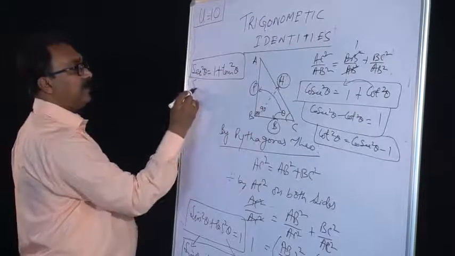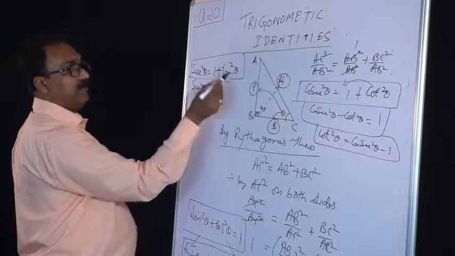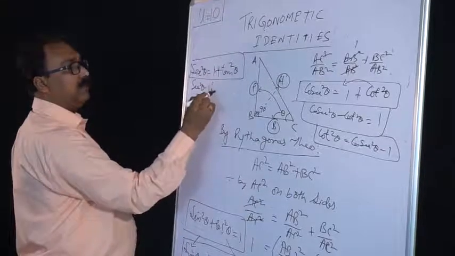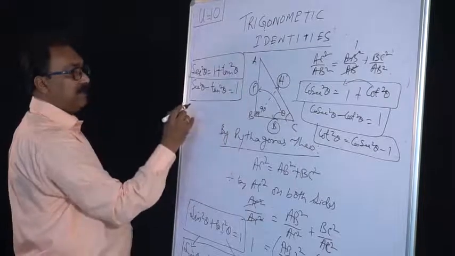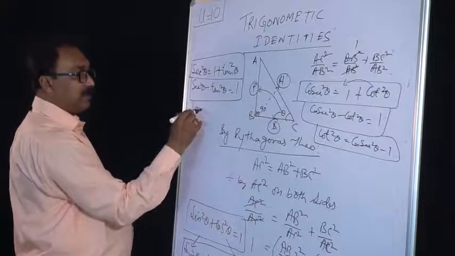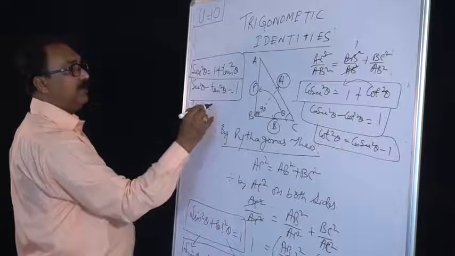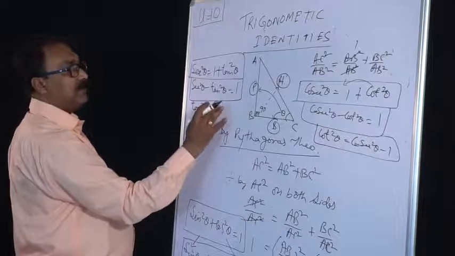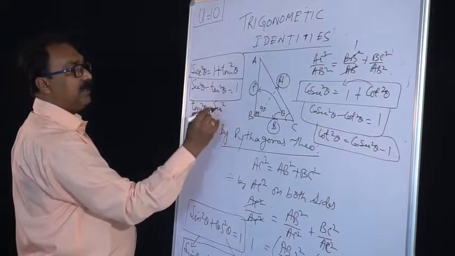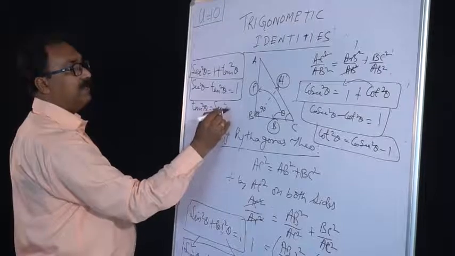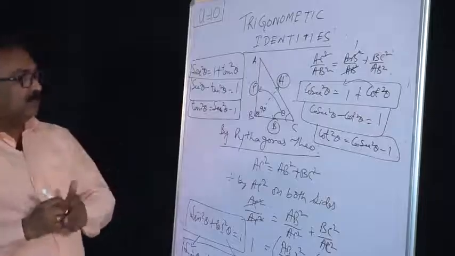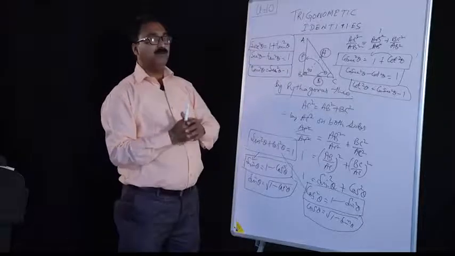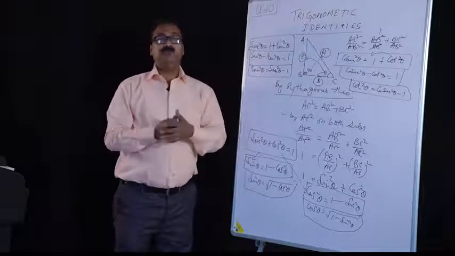From there you can manage secant square theta, bring this side, minus tan square theta is equal to 1, and if you want only tan square theta, it will be sec square theta minus 1. And if you want to find tan theta, take the root and make it just that side. So these are the 9 good formulas you have to refer to.